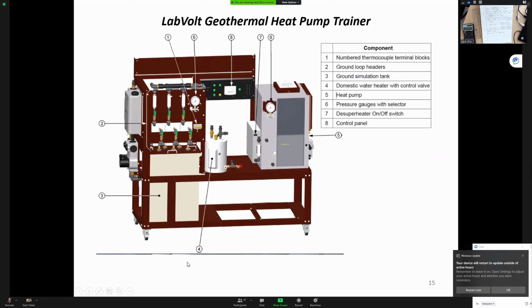We use a large water tank. The ground loop pipes are submerged inside the water, so they can take heat energy from or dump heat energy into the water.